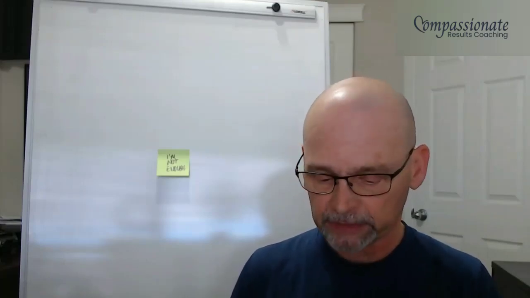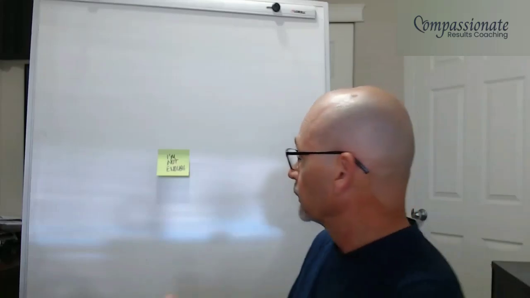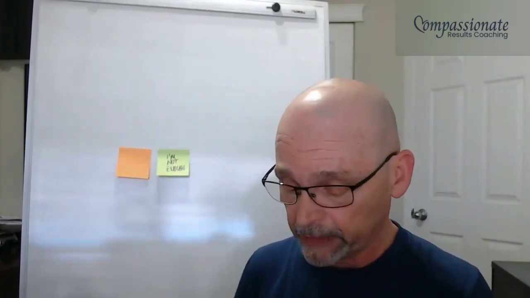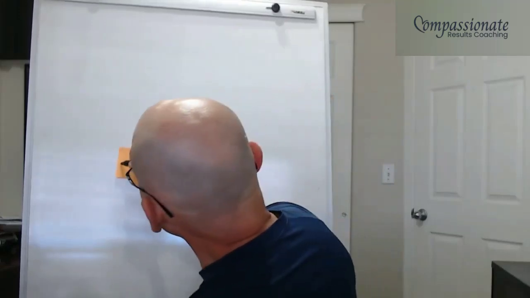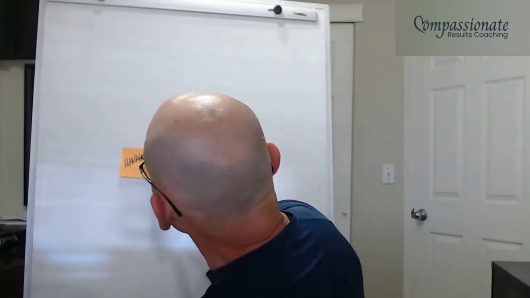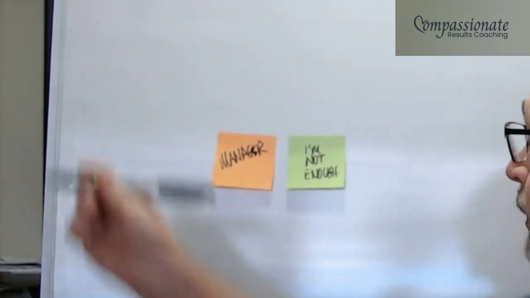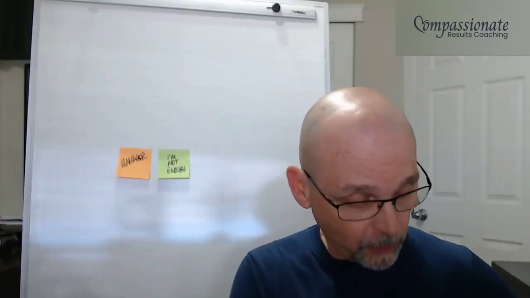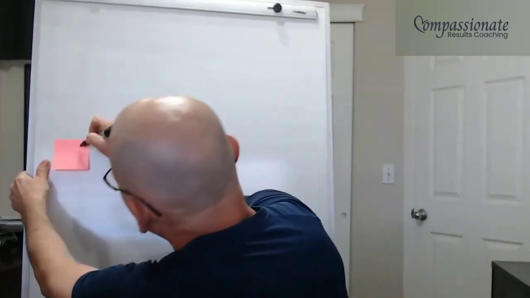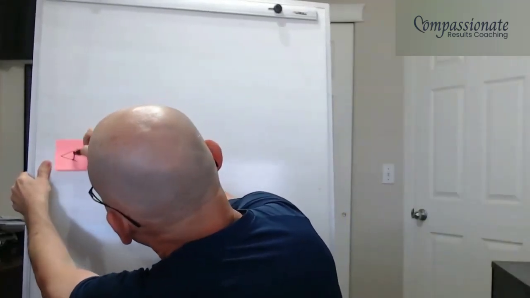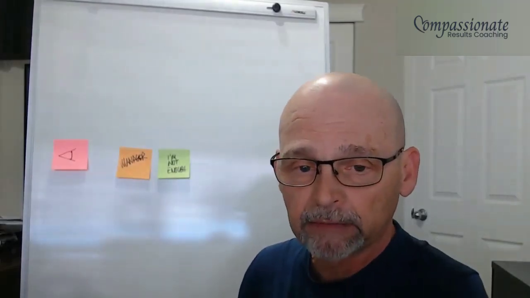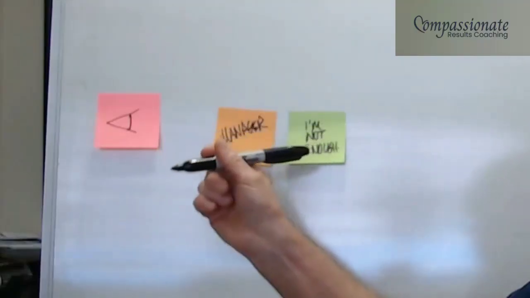So I might have parts that will try to hide I'm not enough, and that would be a protector. This would be, in fact, a manager. This manager is doing something to make sure that the world, and let's just use this P as the world, as somebody who might, and let's make this look like an eyeball, this is someone from the outside world that might see that I'm not enough.